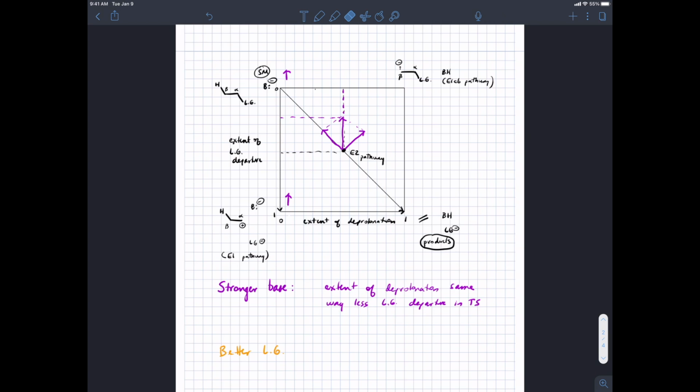Okay, so that would pull down this side and this corner by similar amounts because the leaving group's the same in both cases.